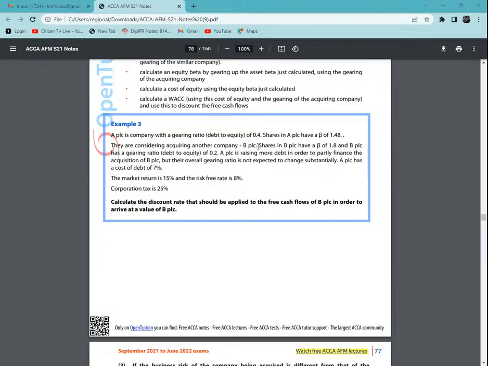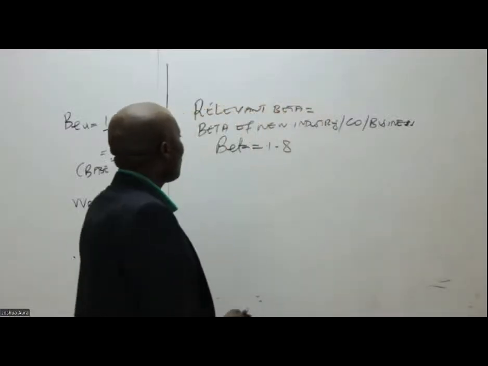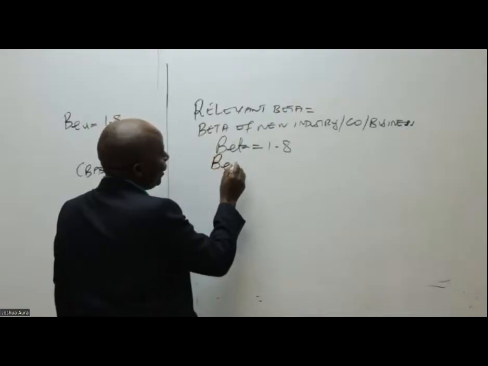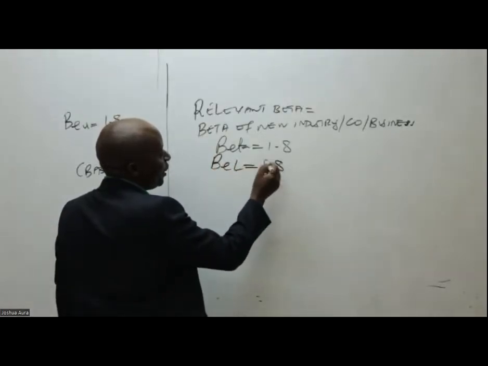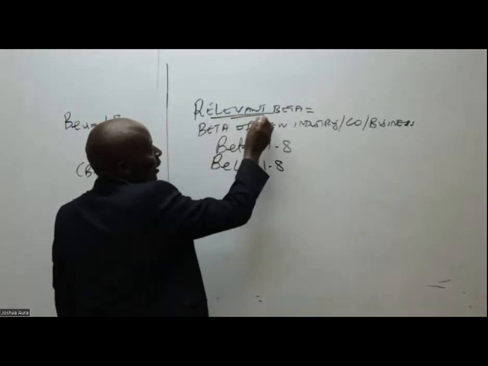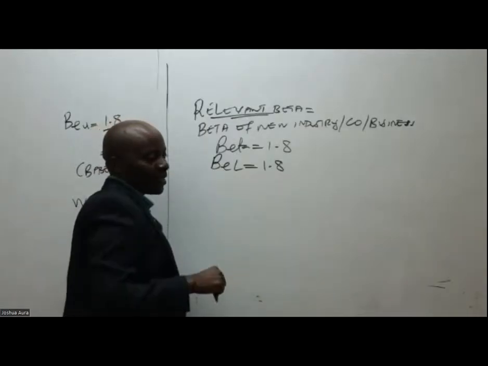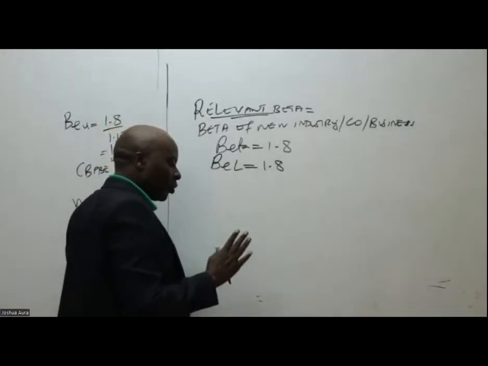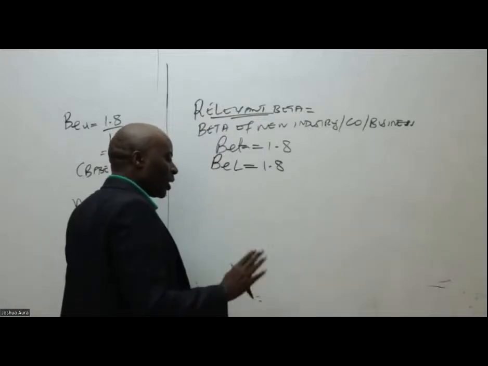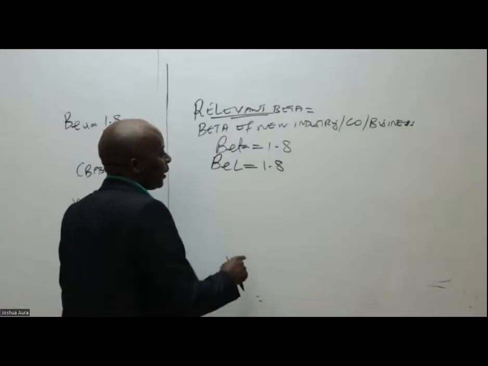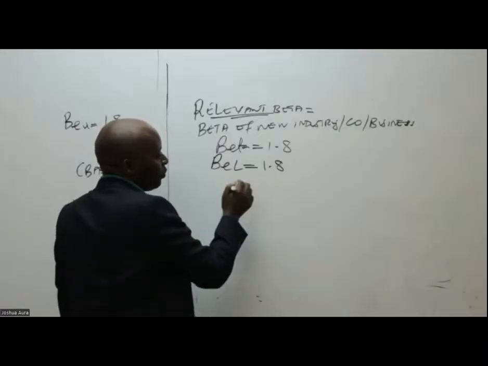And if it's a levered firm, then what I need to conclude is that this beta is beta equity of a levered firm, which is 1.8. The concept is very easy: this relevant beta has to be ungeared, so that when this firm goes to this new industry, they can decide later to bring in debt and what percent. First of all, we know that this has to be changed to BEU.